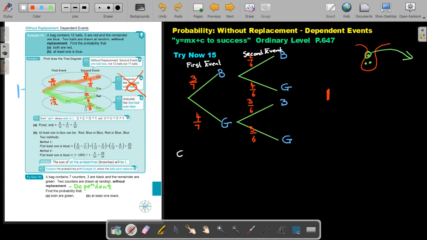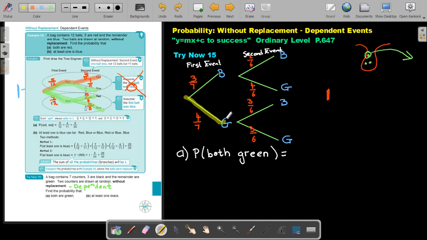Number A. Find the probability that both are green. So probability both green, and that is going to be, now let's just find that branch again. Green, green.